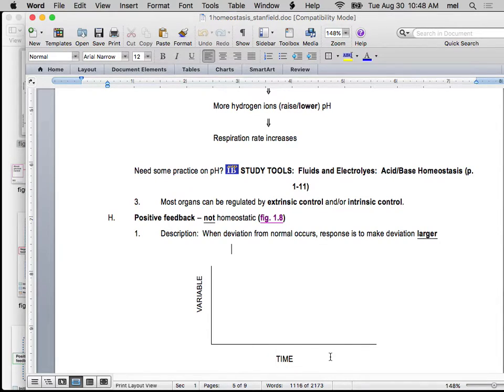If you damage an artery, then what's going to start happening to your blood pressure? It's going to drop. And then your heart will go, I know how to help. And what will it do? It will pump harder. Unfortunately, that is not helpful, right? And it would tend to make you lose more blood, right?